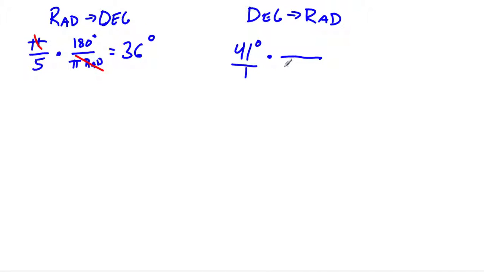We can make anything a fraction. Now I'm going to put degrees in the denominator and radians in the numerator, the inverse of what I did before. The reason is because now when I multiply, degrees cancel out with degrees. And here I get 41 pi over 180 radians.